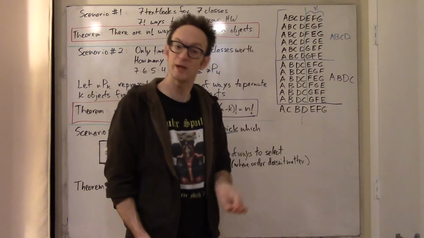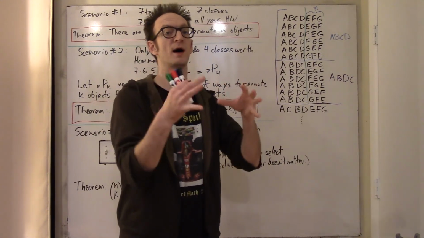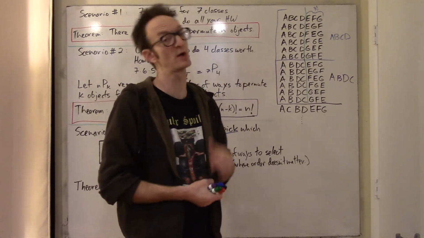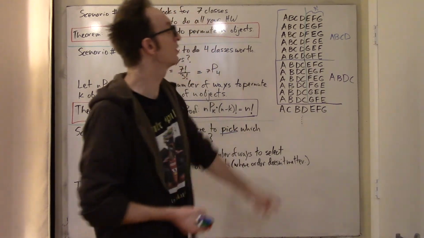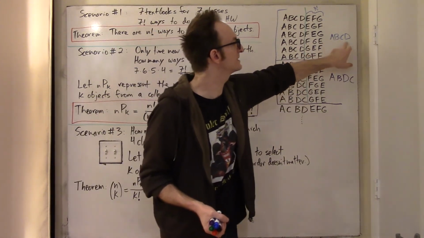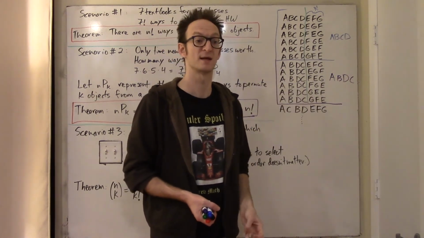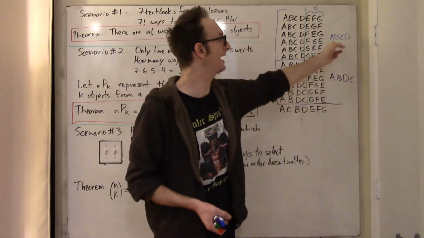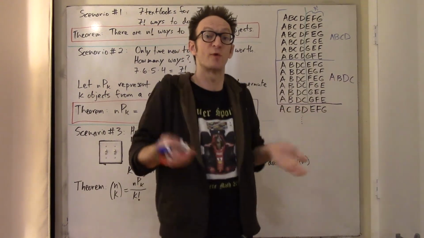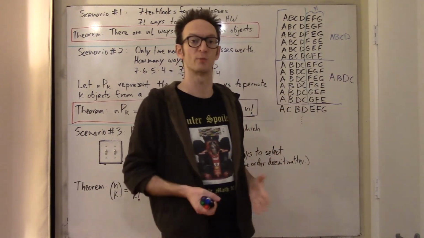Because in scenario 3, I only care which 4 homeworks I complete, not the order in which I do them. And so whether I happen to do A, B, C, D or A, B, D, C, that's irrelevant to me. Because in both of those outcomes, I still just do those 4 homeworks as opposed to some different 4 homeworks.